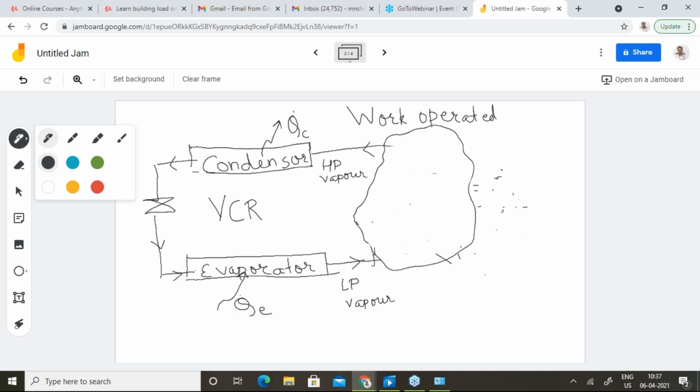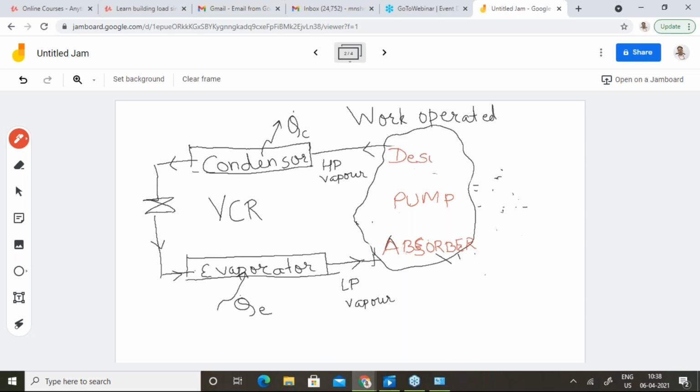So first is the absorber, the second component is a pump, and if you can think of the opposite of absorber, I will call it the desorber.